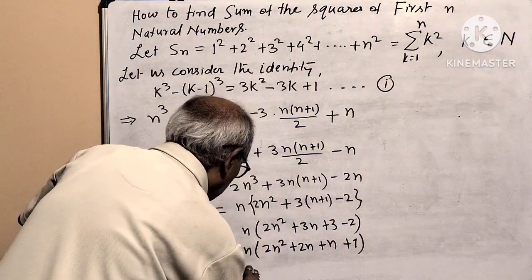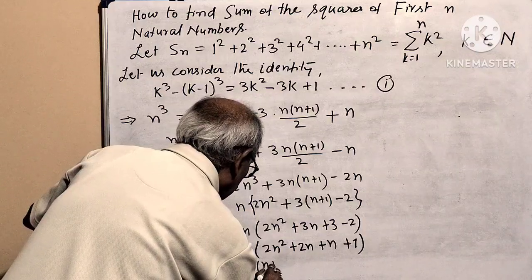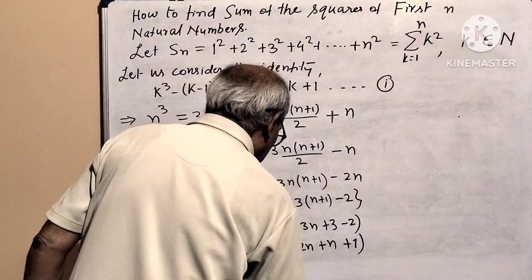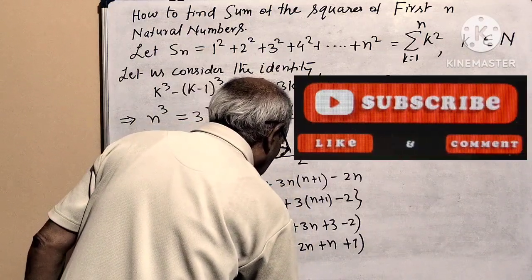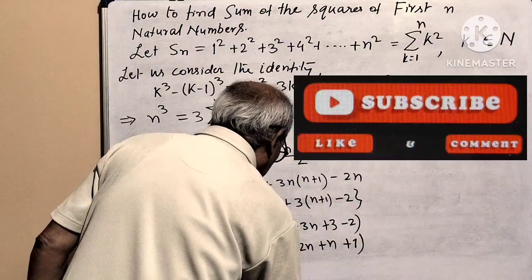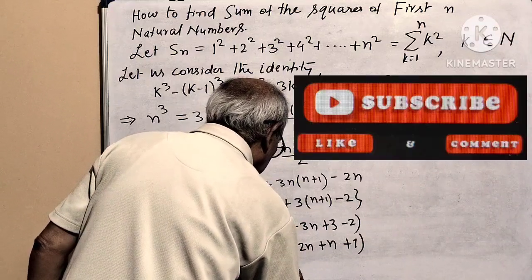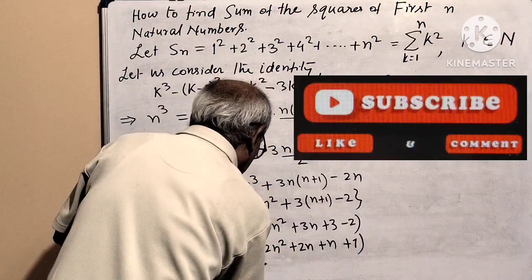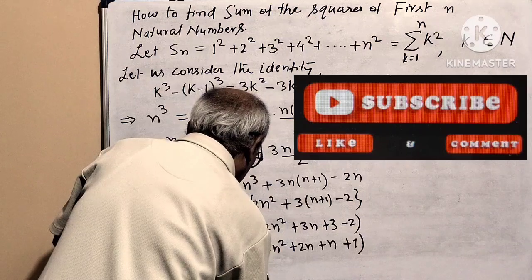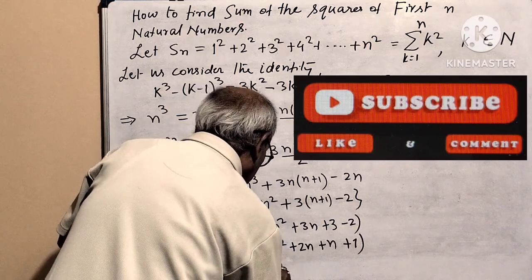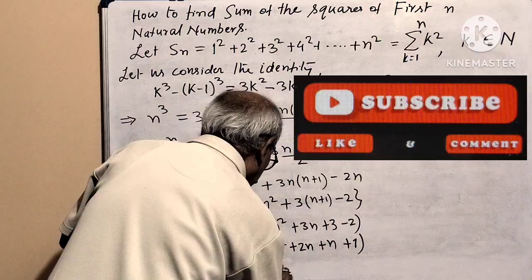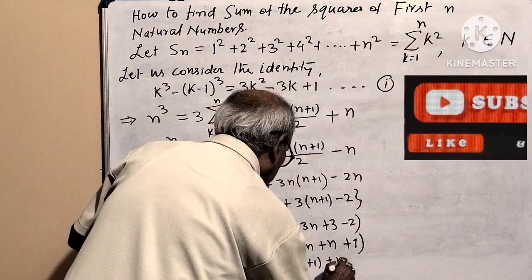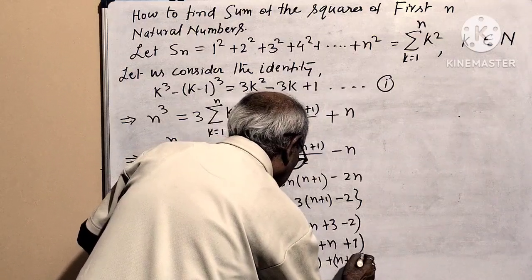Is equal to n (n plus 1), taking common twice n plus 1 from twice n (n plus 1) plus (n plus 1).